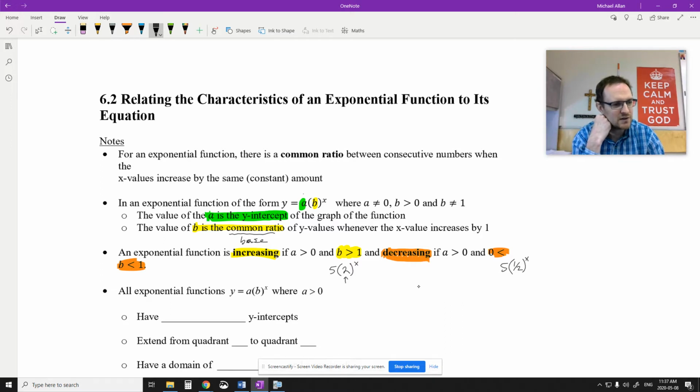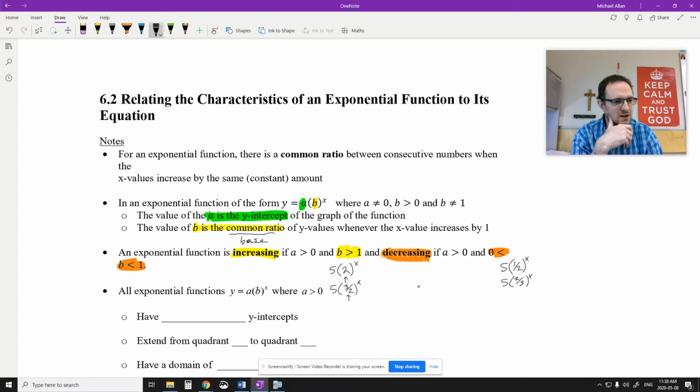Like a fraction over here could be greater than 1, could be like 3/2. Right, so that's greater than 1. So that would be an increasing graph because this number is greater than 1. As long as the denominator is larger than the top, the numerator, then you have a number less than 1 but greater than 0. So 2/3 would be okay. That would be a decreasing graph.